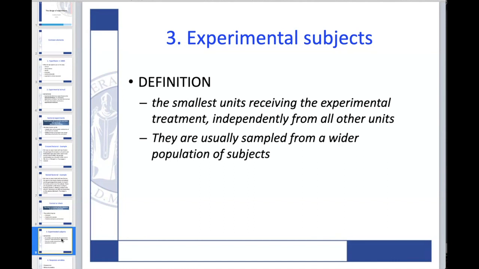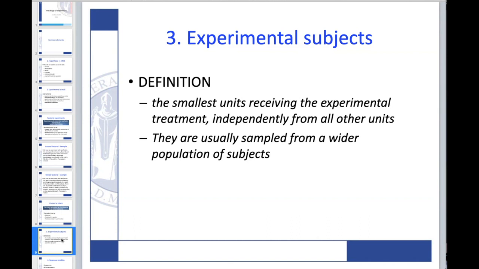What is important, we know that already, the experimental units are sampled from a wider population of units. We almost always sample. We almost never include all potential subjects into an experiment. Well, in some cases, yes. For example, I have friends from the technique department.